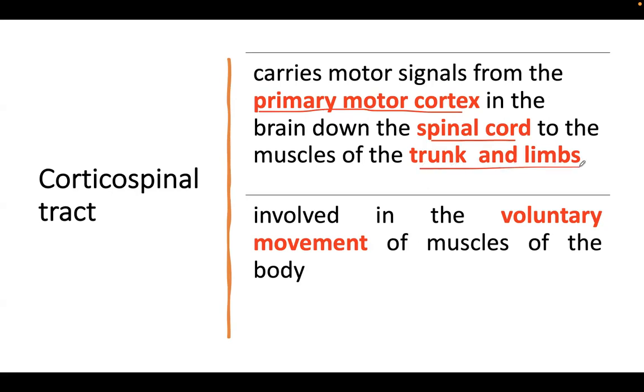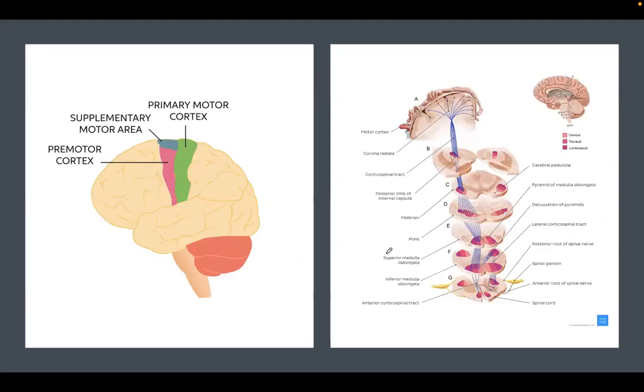So I want you to repeat to yourself right now what is highlighted in red. Primary motor cortex, spinal cord, then we have the muscles of the trunk and the limbs. And as mentioned earlier, the corticospinal tract is involved with voluntary movement of muscles.